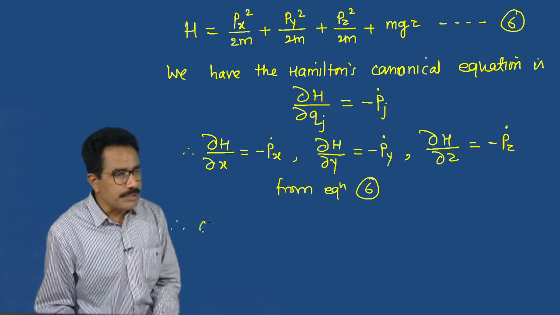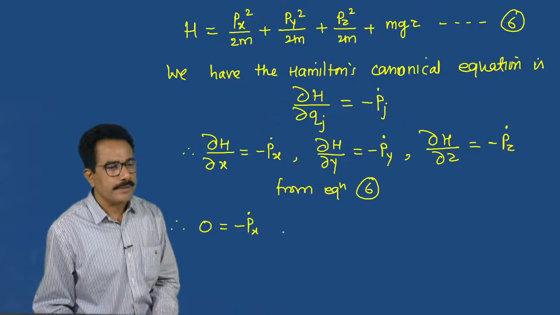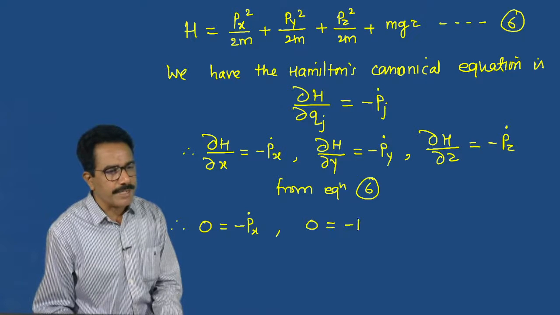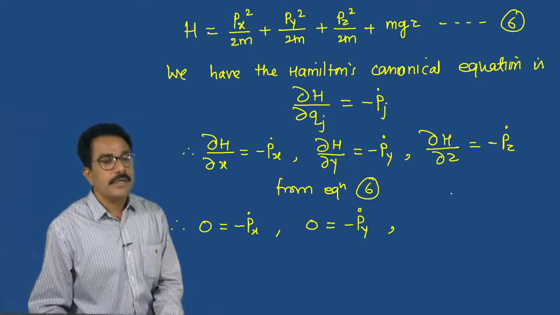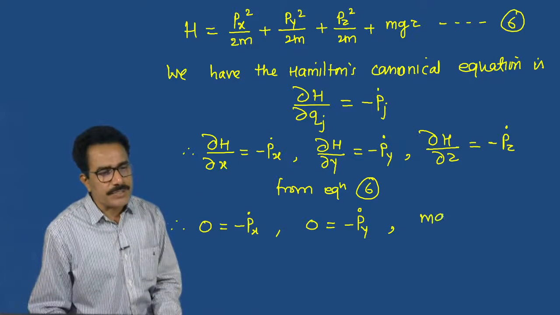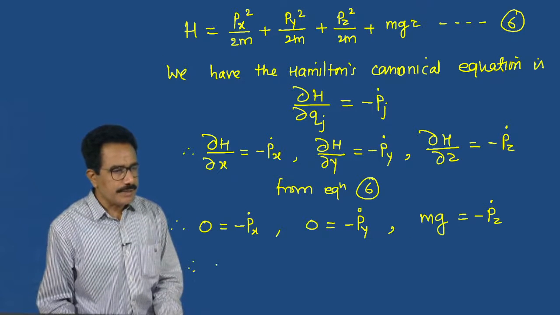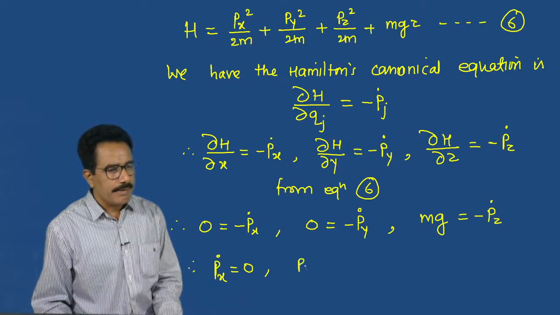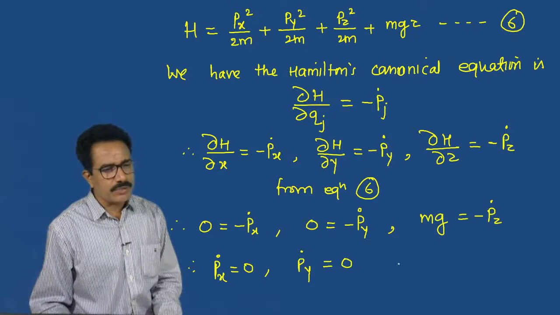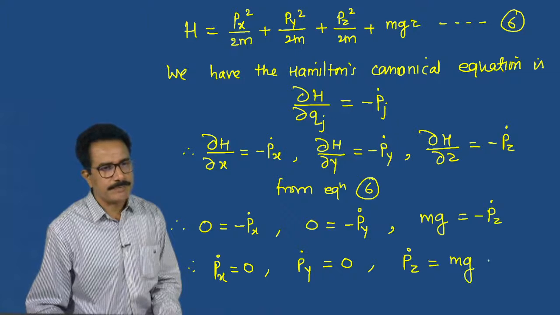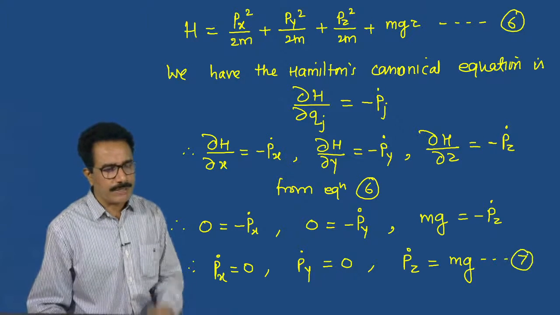So 0 equals minus px dot, ∂H/∂y, which is also 0, equals minus py dot, and ∂H/∂z, which is mg, equals minus pz dot. That means px dot equals 0, py dot equals 0 and pz dot equals mg. Suppose this is equation number 7.